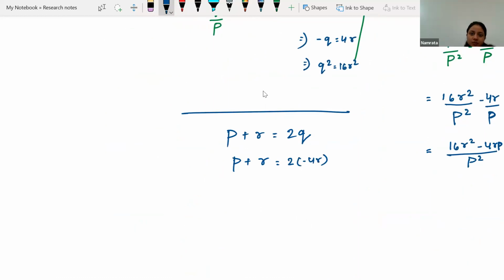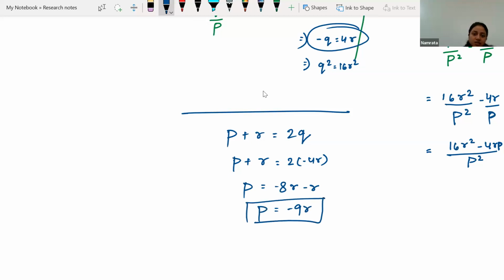We are trying to keep Q and P in terms of R, then we are getting here is equals to minus 8R minus R, that means minus 9R. So I can say P is minus 9R and Q is only minus 4R.